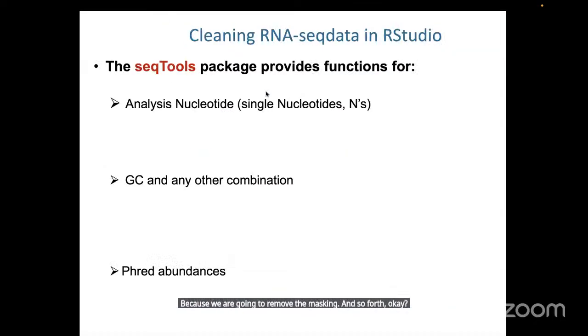To do that, one of the packages that you downloaded is called sectors. It provides functions for analyzing nucleotides. It also detects GC content and the Phred abundance, okay?